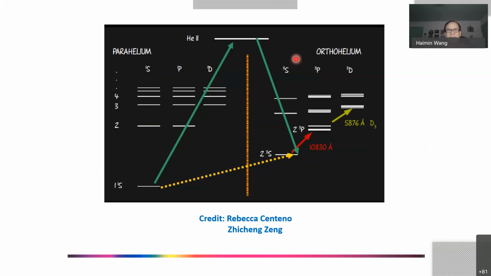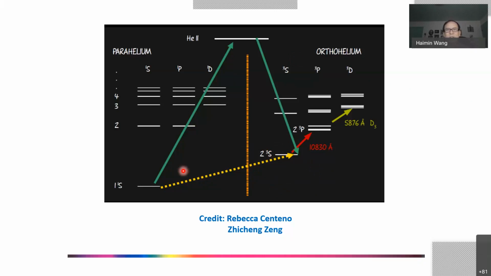So for helium, there are 2 electrons. The spins could be parallel to each other, or opposite to each other. If they are parallel to each other, then you have a total spin of 1, then you have a triplet. That means the projection of the spin can be positive 1, negative 1, and 0.